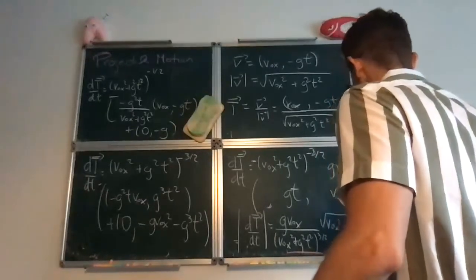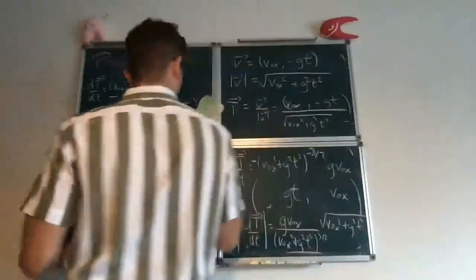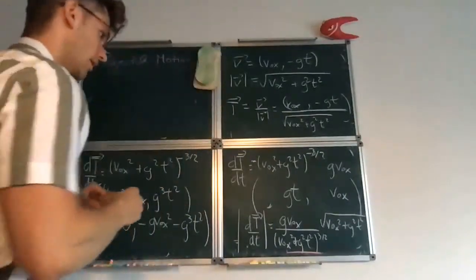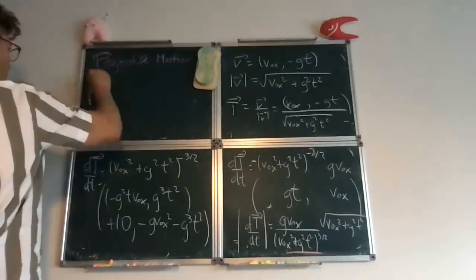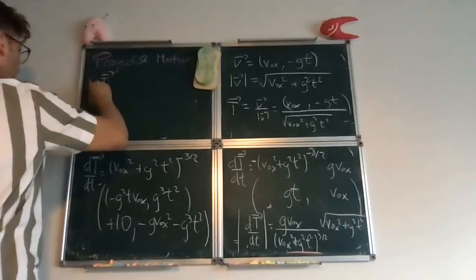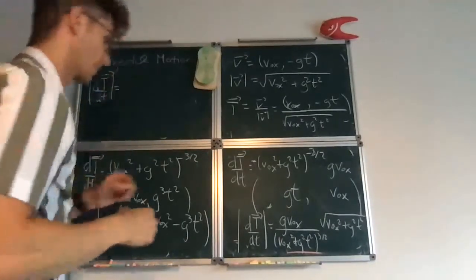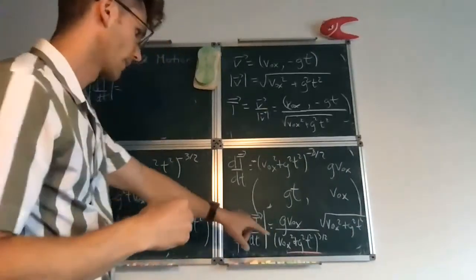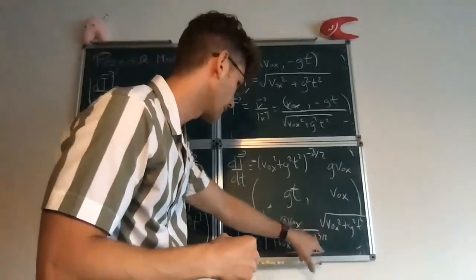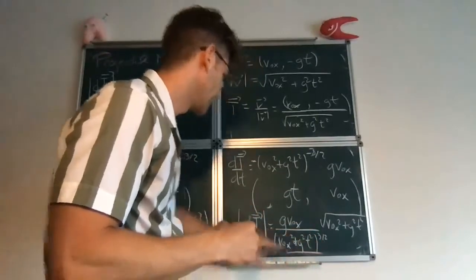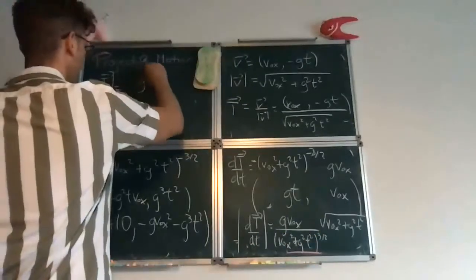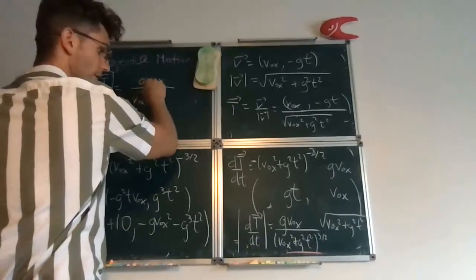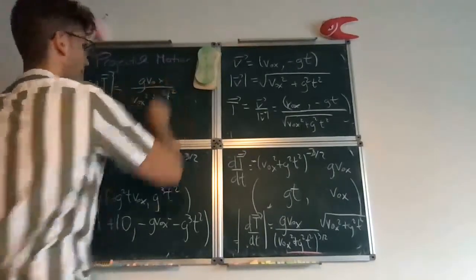Oh, good, so there's some further simplification. And so the norm is just g v0x over v0x squared plus g squared t squared.